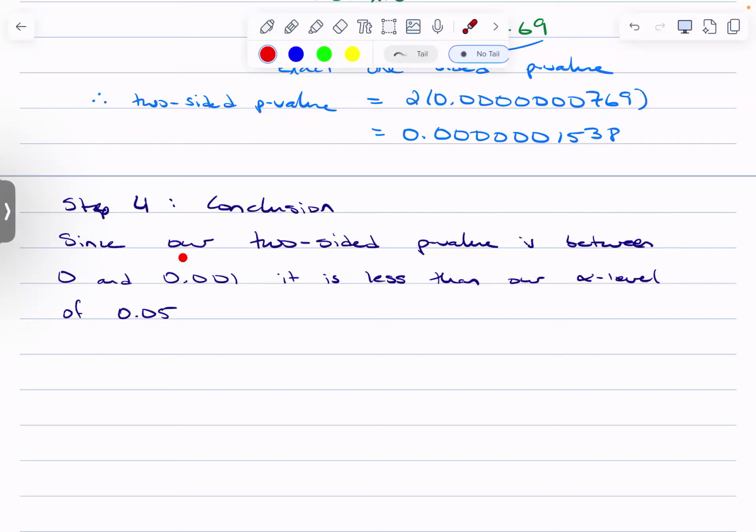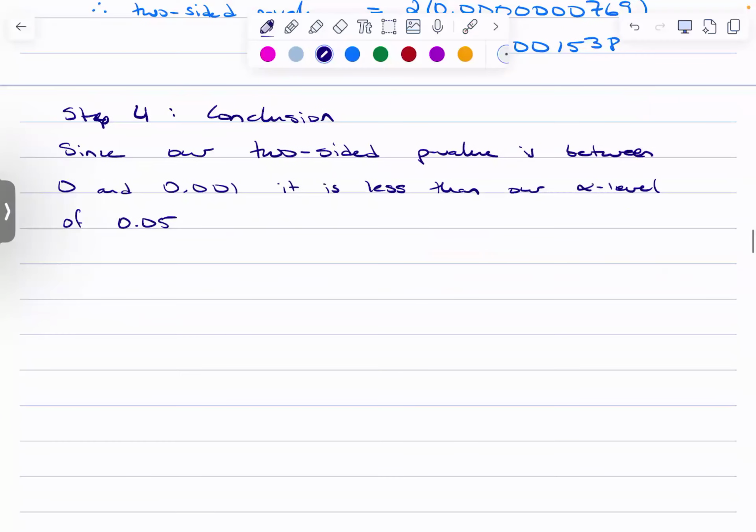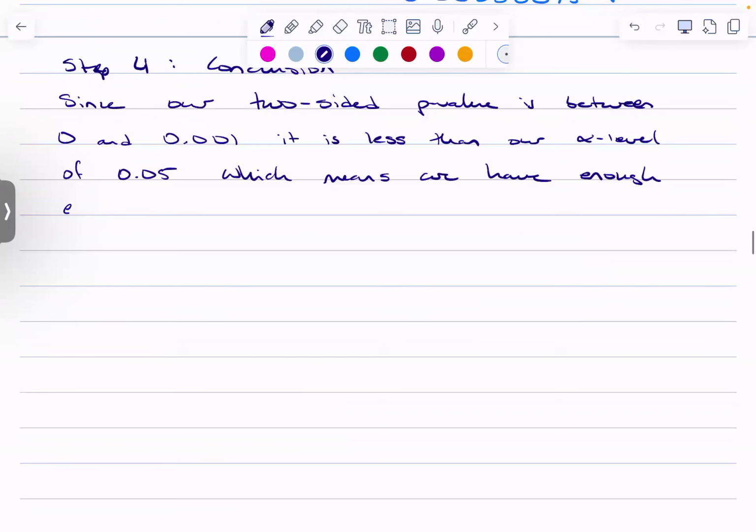So since our two-sided p-value is between 0 and 0.001, it is less than our alpha level of 0.05, which means we have enough evidence to reject H naught.